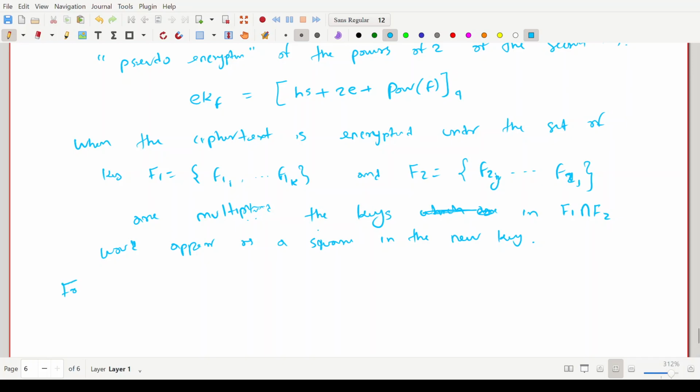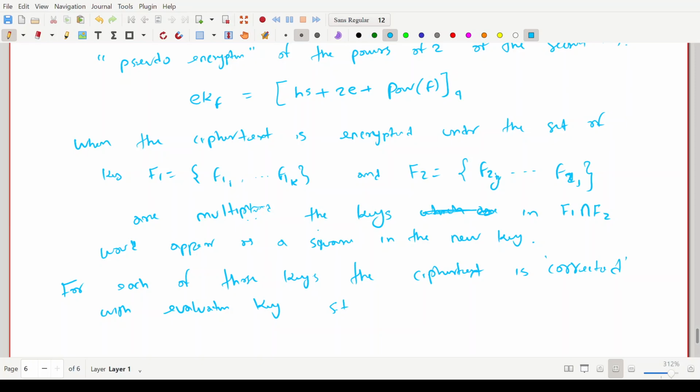So for each of those keys, the ciphertext is corrected with the evaluation key, such that the power of this key goes down in the new key.